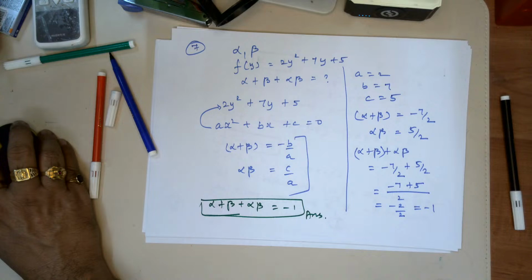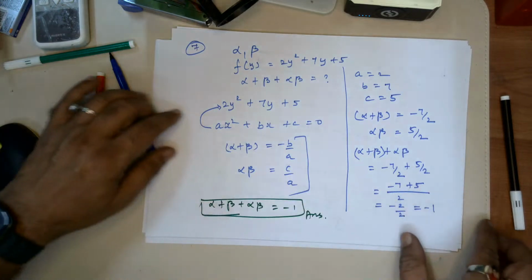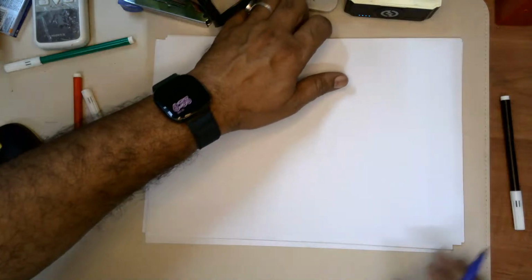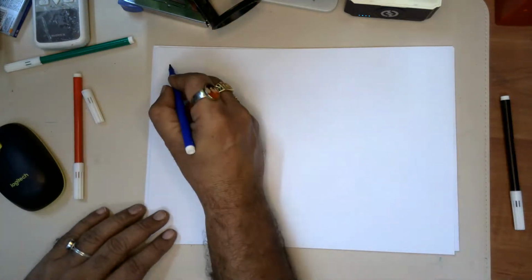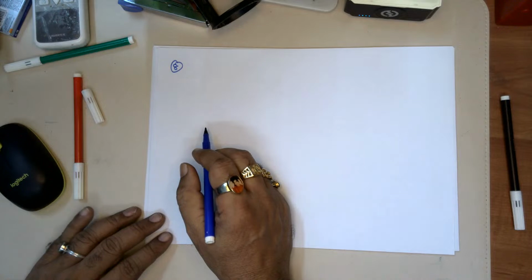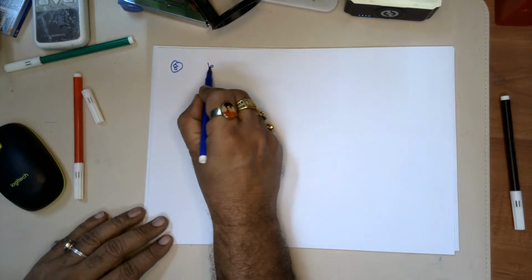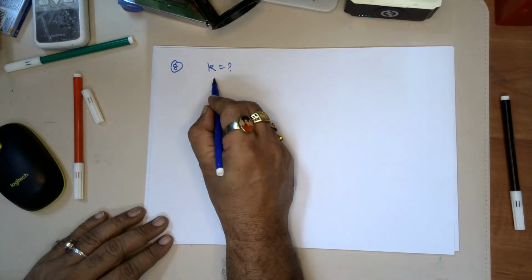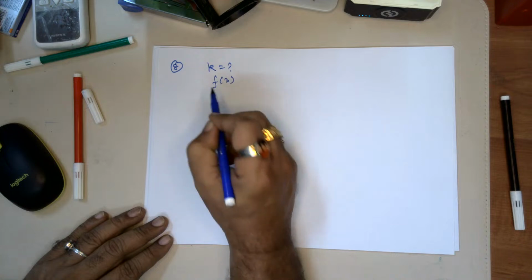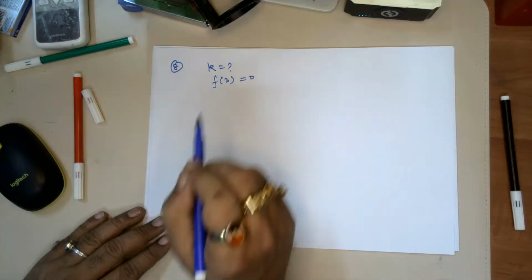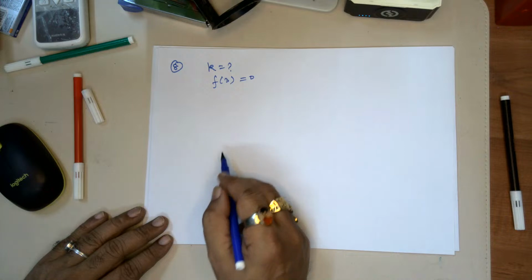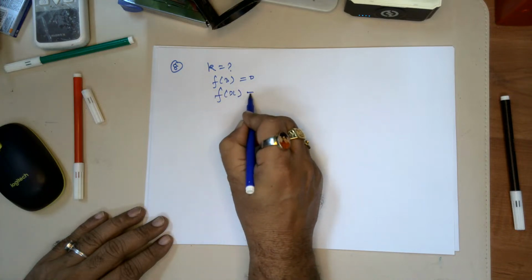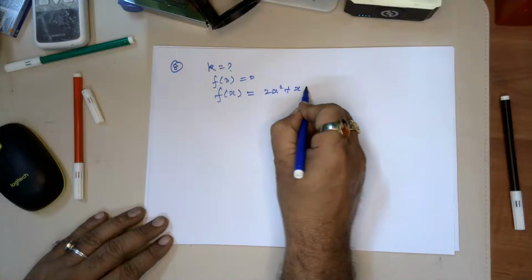Now let us move to the next sum, that is the eighth sum. For what value of k is 3 a zero of the polynomial f of x is equal to 2x squared plus x plus k?